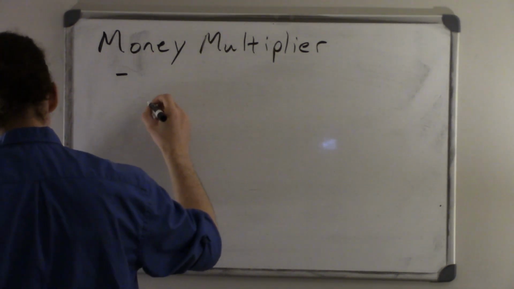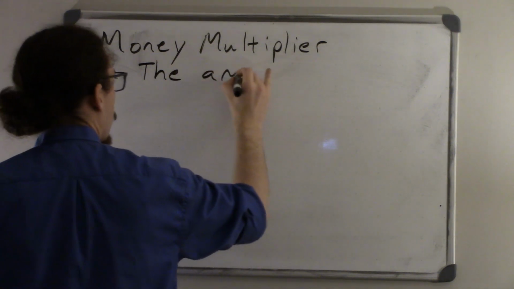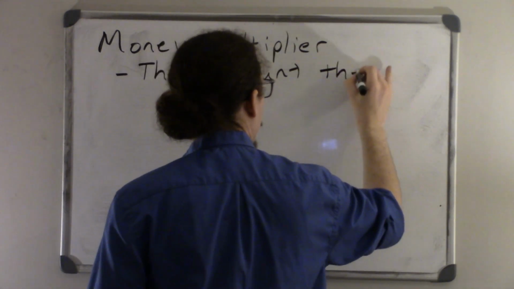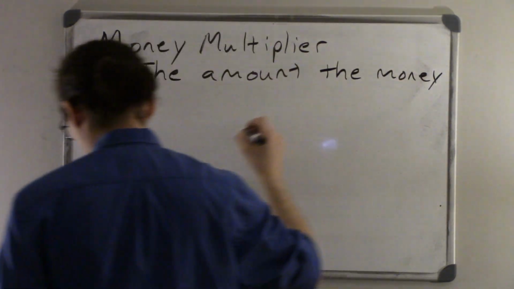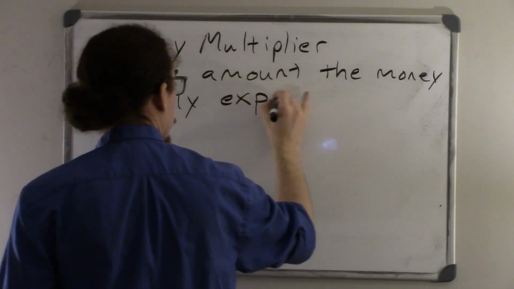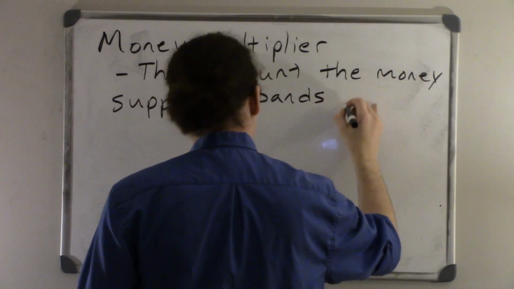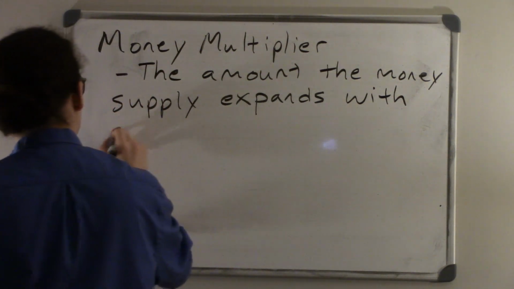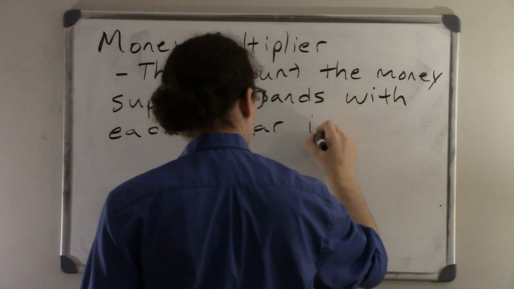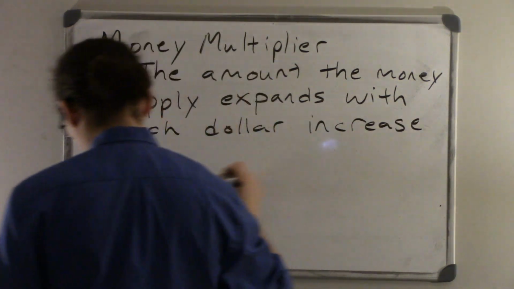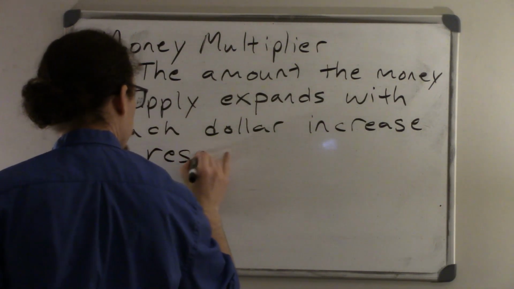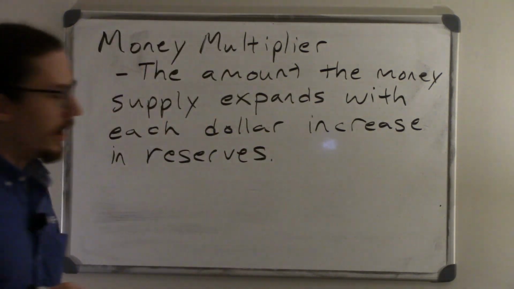The money multiplier is the amount the money supply expands with each dollar increase in reserves.